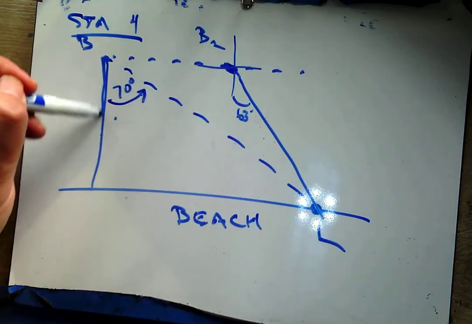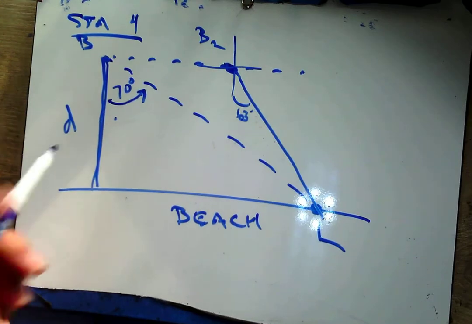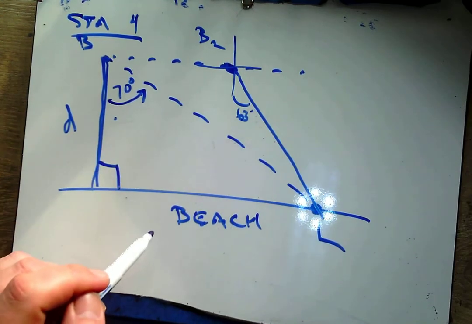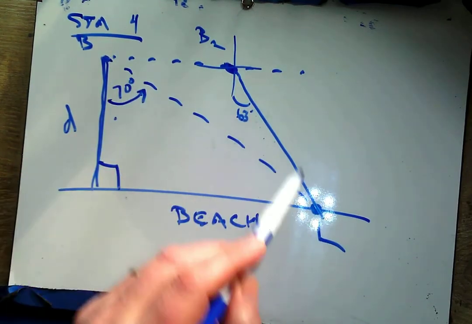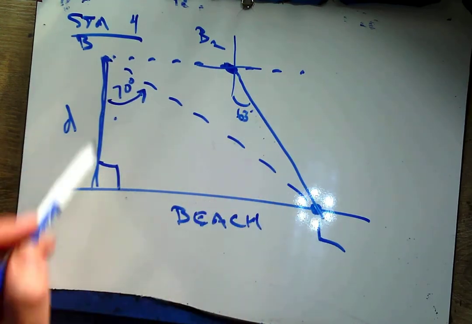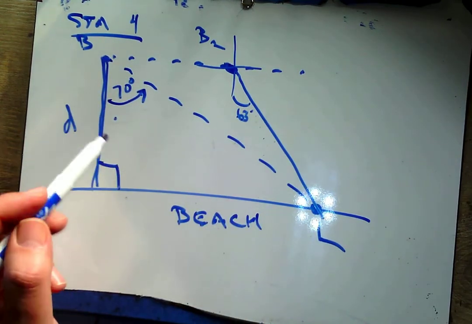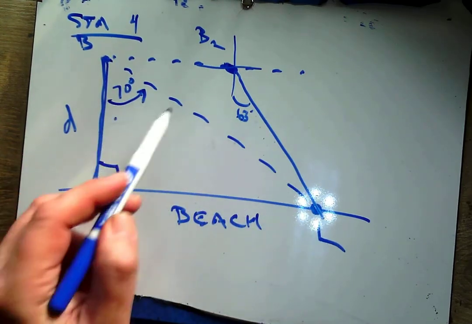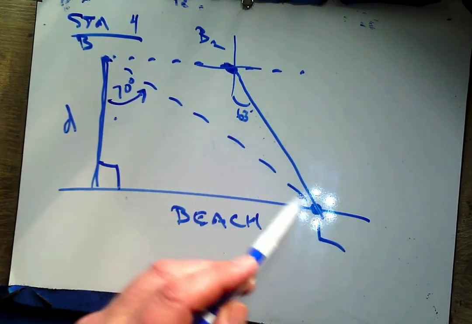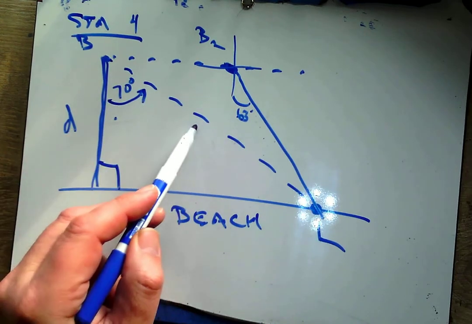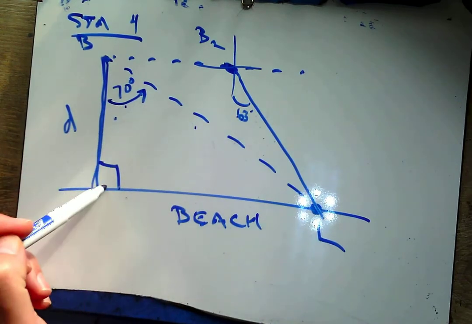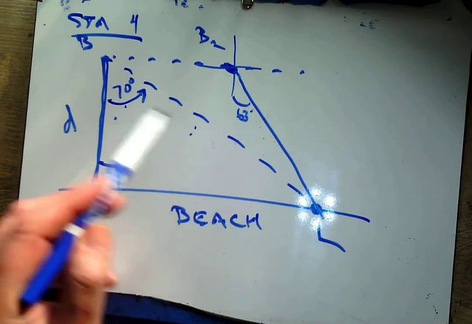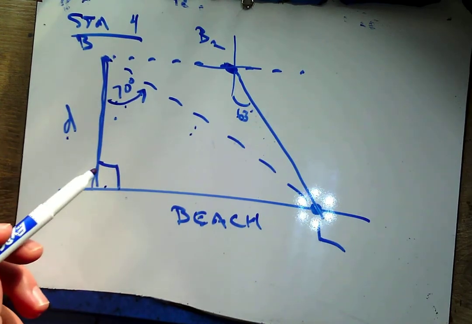In fact, they say, what's this distance? Okay, well, I do see this non-right triangle, and I see this right triangle. So I think what I'm going to have to do is find this side here, because then I'll know a side and an angle in a right triangle, and I'll be able to use the side and the angle to find the missing side.